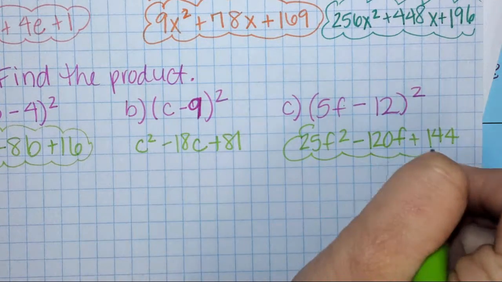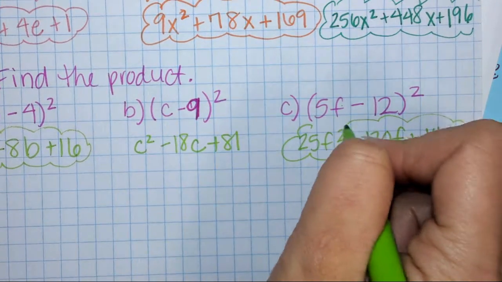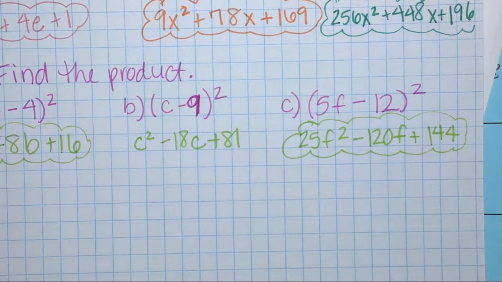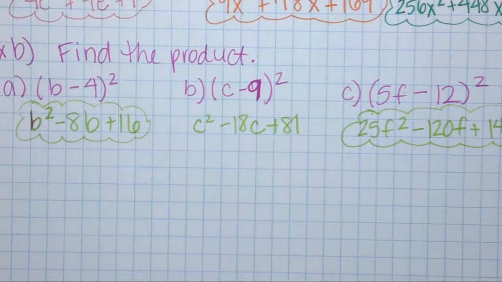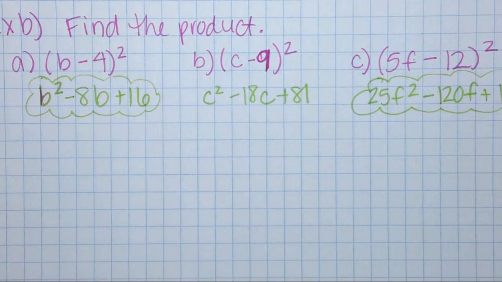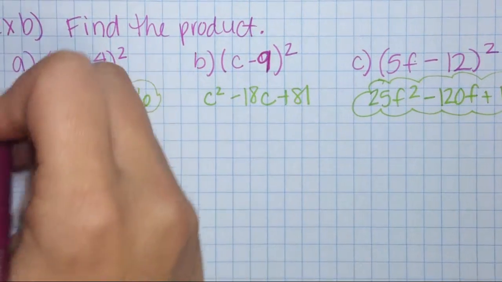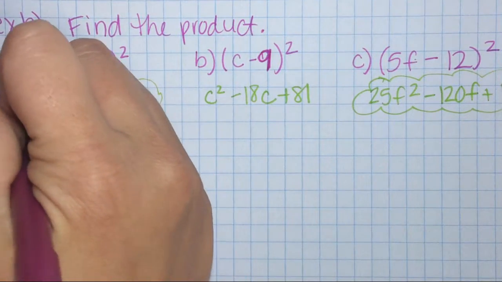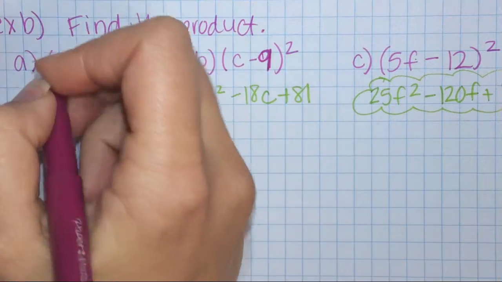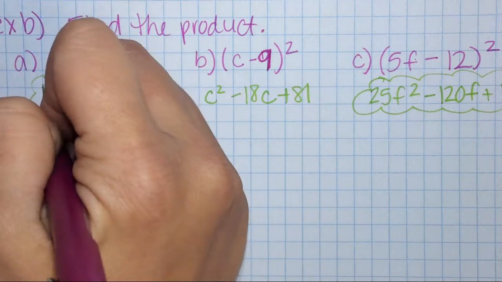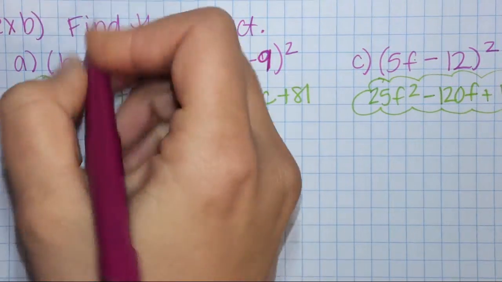Alright, you're going to do number 4 without me. Then flip the paper over. 8. See? Alright, 8. You will be fine.